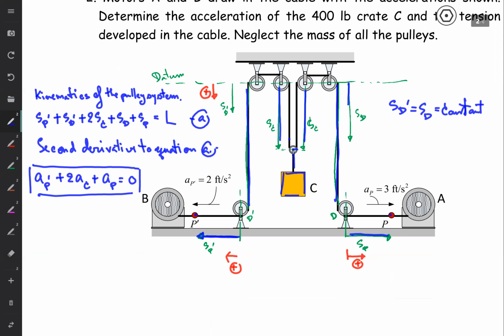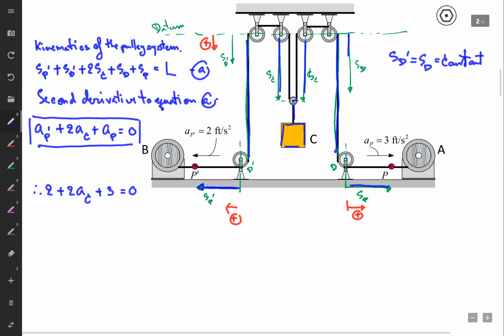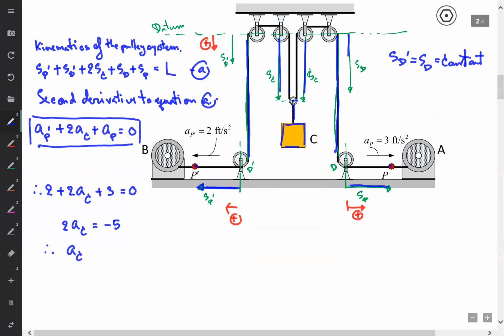Then we substitute AP prime and AP into this equation. So we get 2 plus 2AC plus 3 equal to 0, so 2AC equal to minus 5, and then AC equals minus 2.5 ft/s². Okay. So what does it mean?